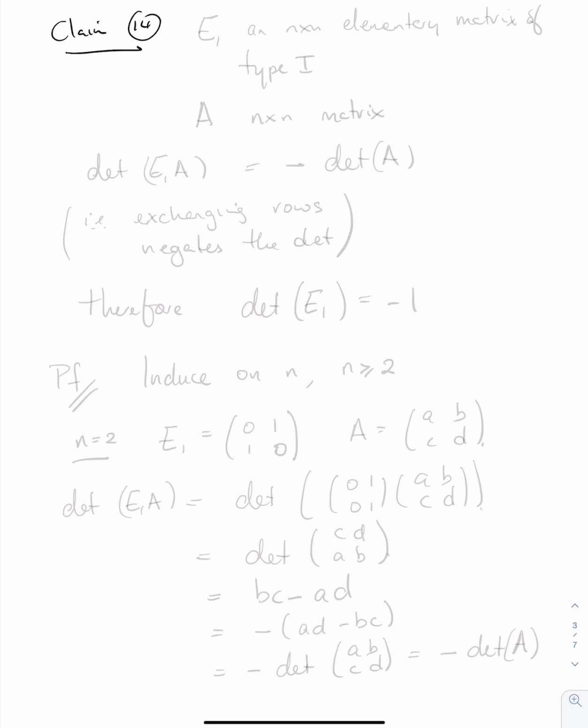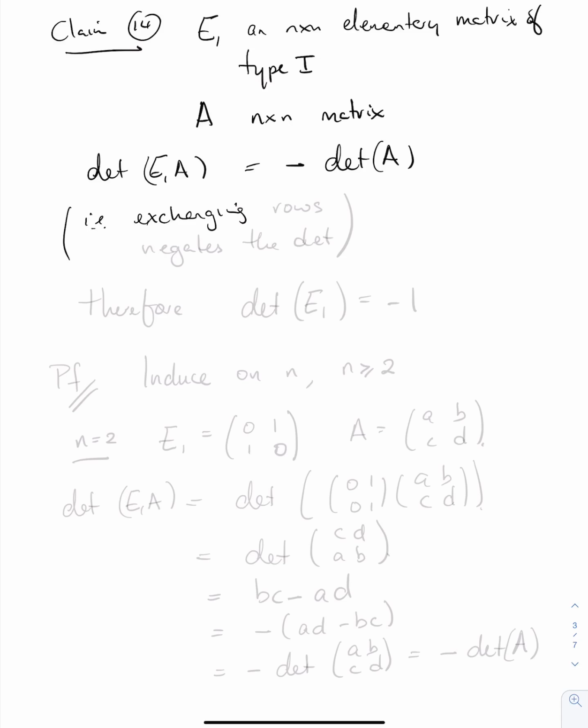First, by writing out the full claim. If E1 is an n by n elementary matrix of type 1, and A is some other n by n matrix, then the determinant of E1 times A is going to be negative the determinant of A. This is just basically saying exchanging rows negates the determinant.